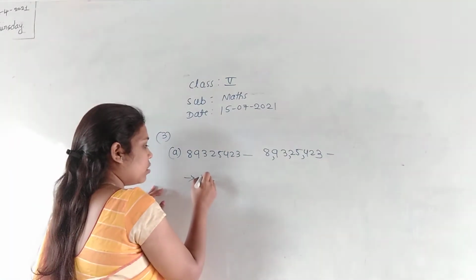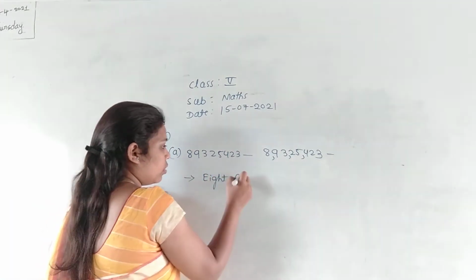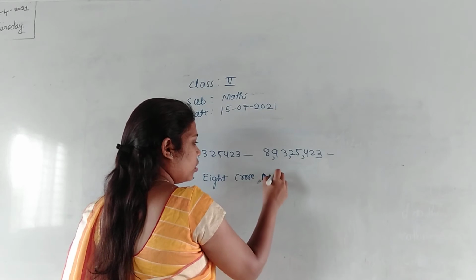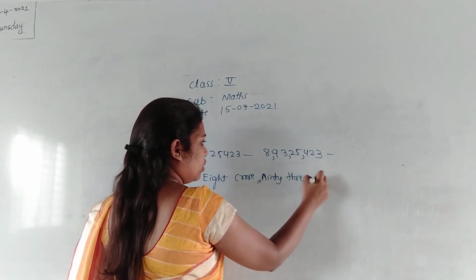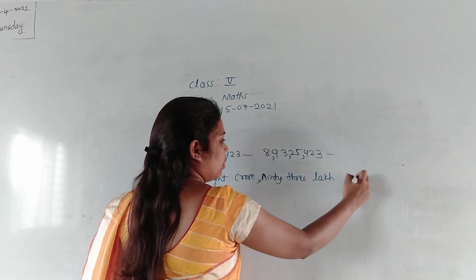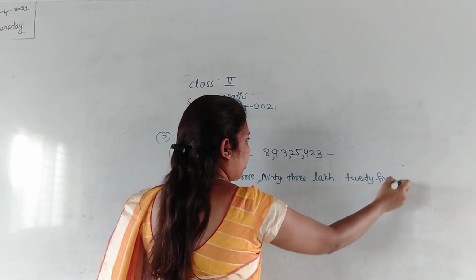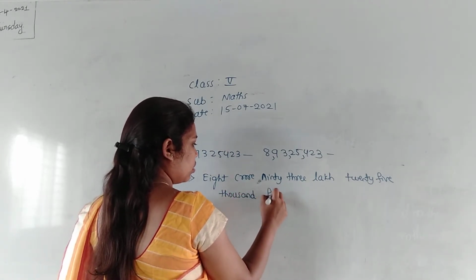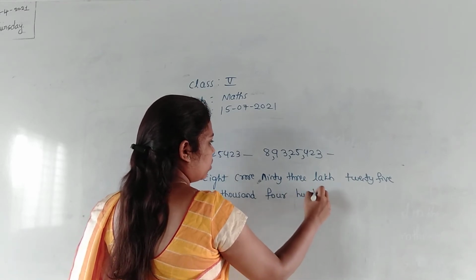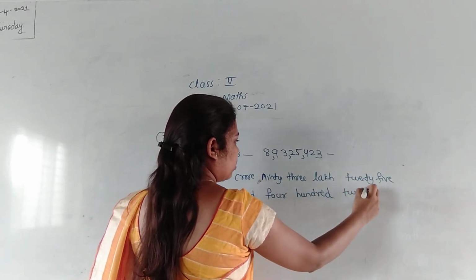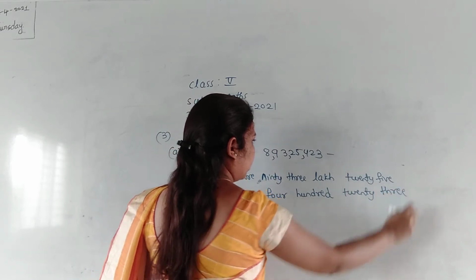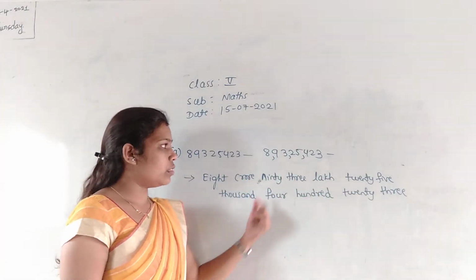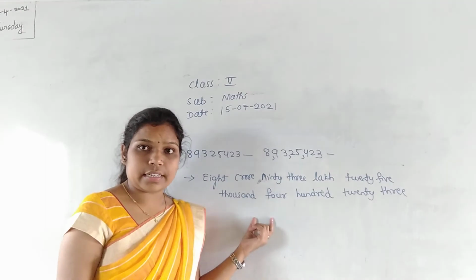So here 8 crore 93 lakh 25,423. That is the number name.